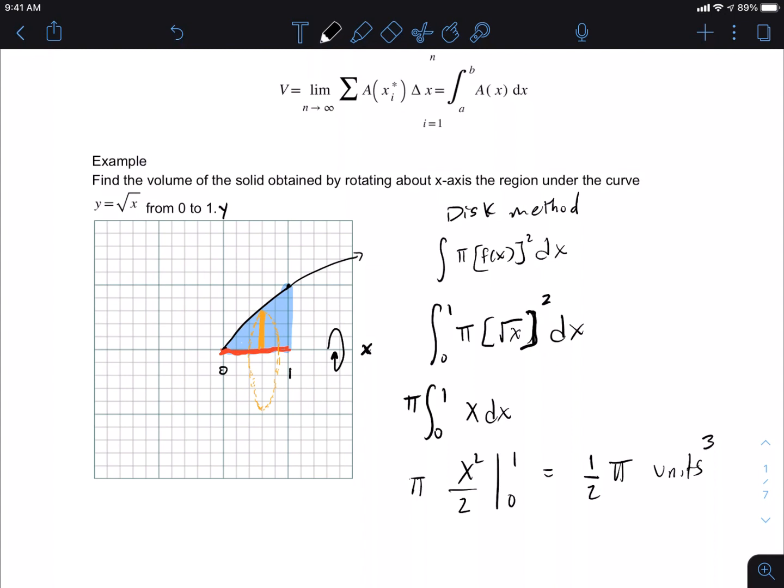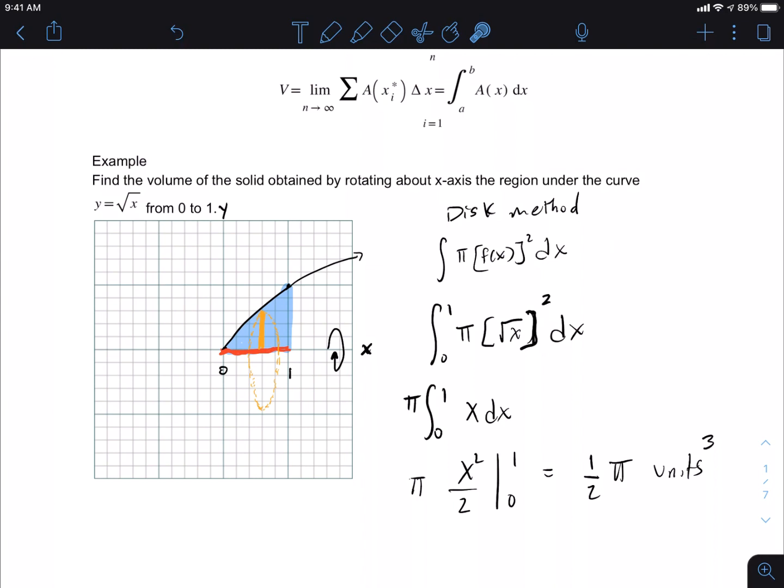Professor, can you explain the setup again, like pi, f of x, and square? Okay. I'm kind of confused on that part. So this is the disk method form. Okay? The first thing with the disk method that you have to understand is that there cannot be a gap at all in the interval of integration to the axis of rotation.